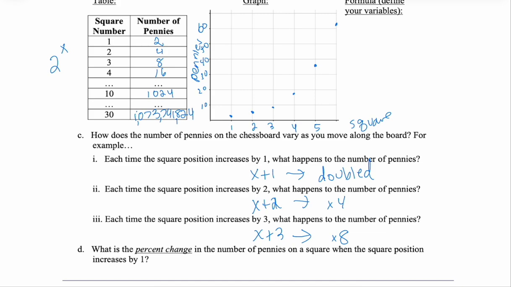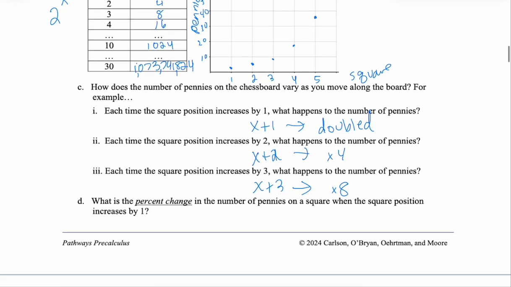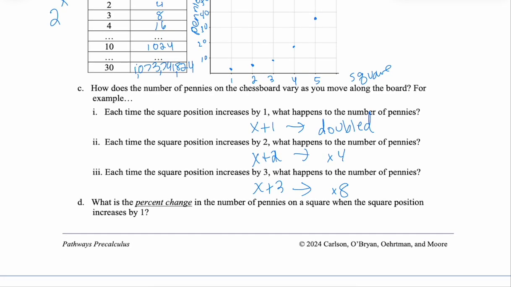So what's the percent change? Now let's talk about what that means. If you increase the position by 1, let's go from 1 to 2 as an example. So we went from 2 to 4. Let's call that f of 2 was 4, and f of 1 is 2.